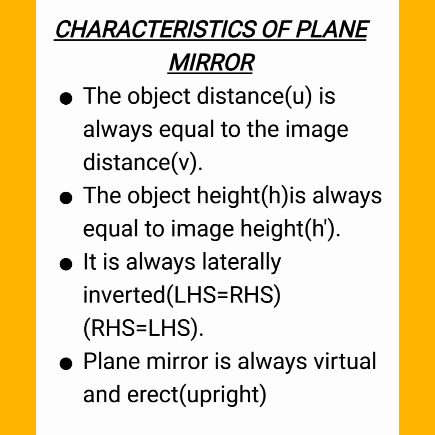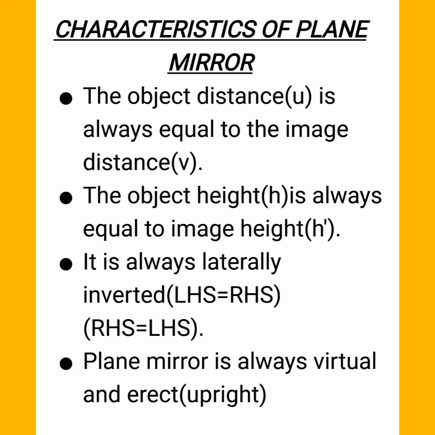The fourth point is the plane mirror is always virtual and erect. What does virtual mean? The image which cannot be obtained on the screen is known as virtual image.